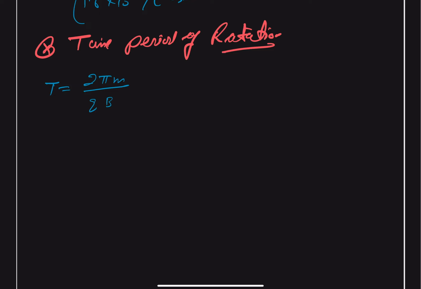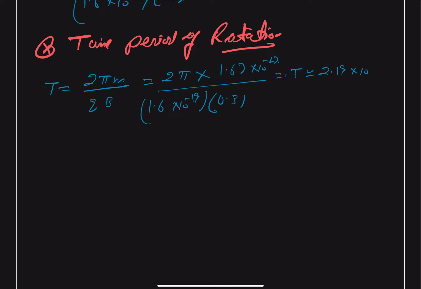We substitute the values: 2 pi multiplied by mass 1.67 into 10 to the power minus 27, charge 1.6 into 10 to the power minus 19, magnetic field 0.3. So this time period of rotation is approximately equal to 2.19 into 10 to the power minus 7 seconds. And from this we can find the pitch.